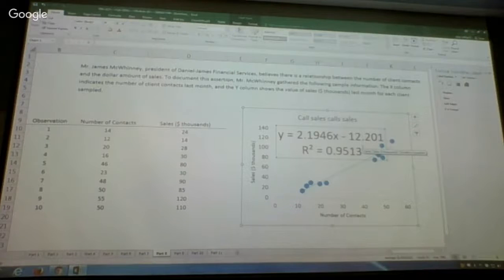B is R times S of Y over S of X. A is Y bar minus B times X bar. Because you can tell me that, I can give you what we have here. And again, when it comes time to take this stuff on a quiz or an exam, I will give you the average and the standard deviation for both of these, along with a correlation.